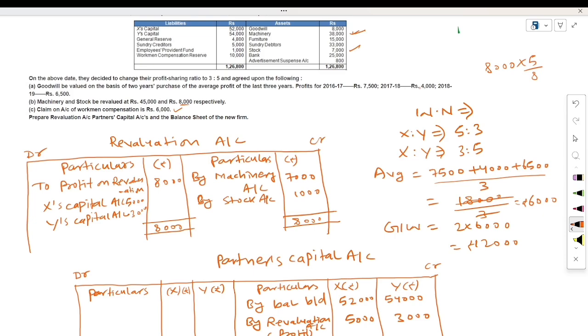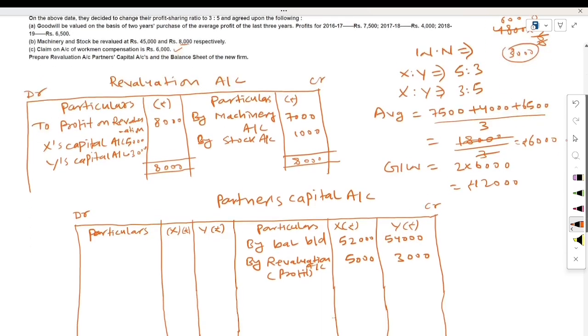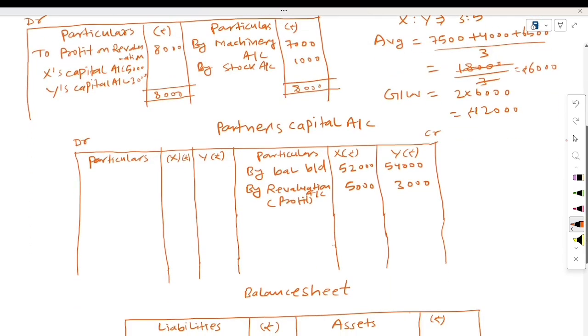Here general reserve is given, how much? 4,800. This will be distributed in old ratio, not in new ratio. 5 upon 8, it means 3,000 for X and 1,800 for Y. We will write here by general reserve, 3,000 for X and 1,800 for Y.